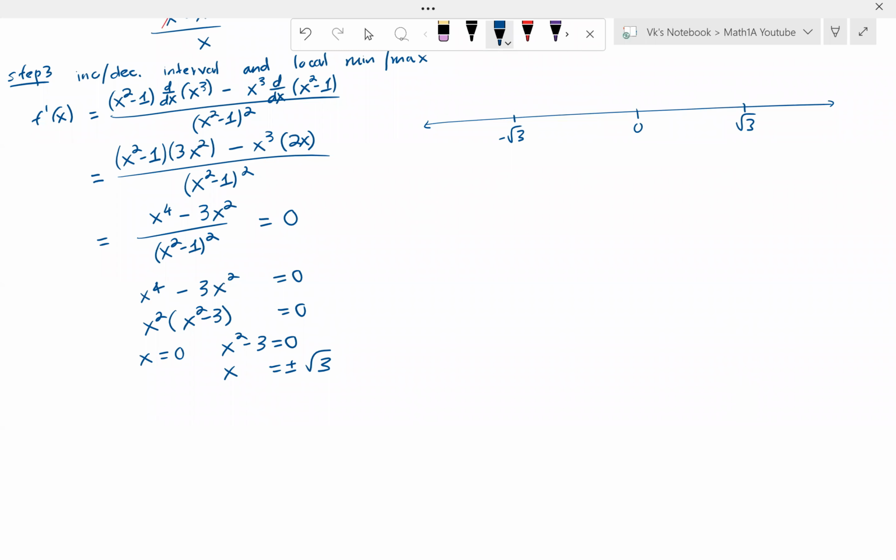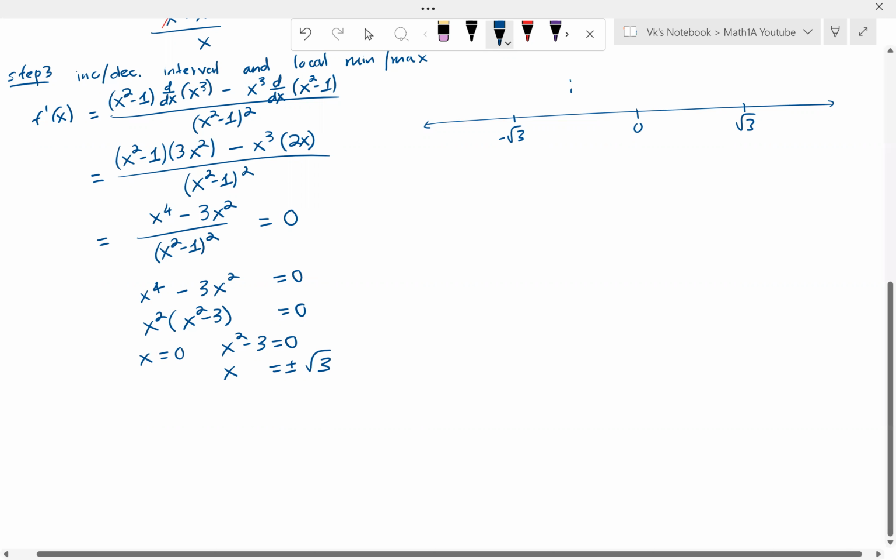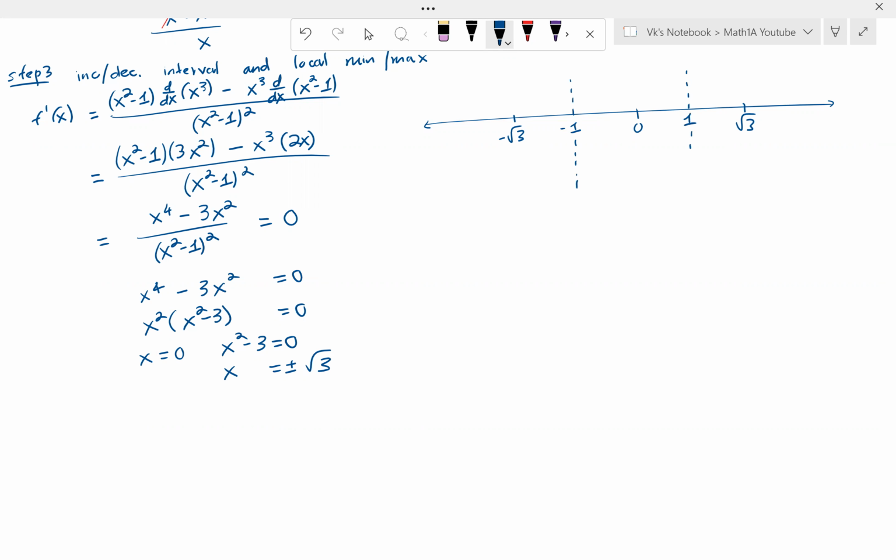However, we have two vertical asymptotes, x equals 1 and x equals negative 1. In this case, we have to test exactly 1, 2, 3, 4, 5, 6 intervals.